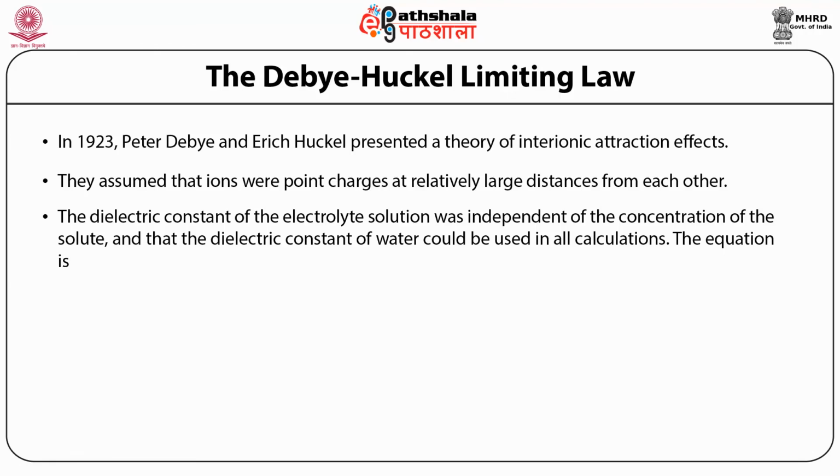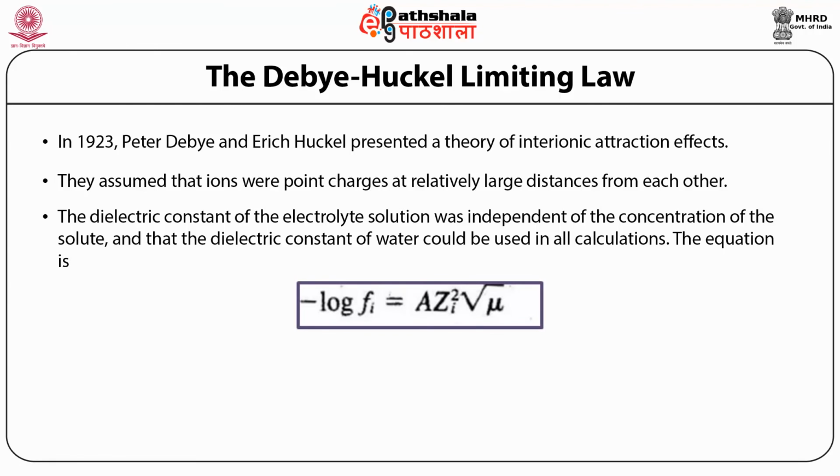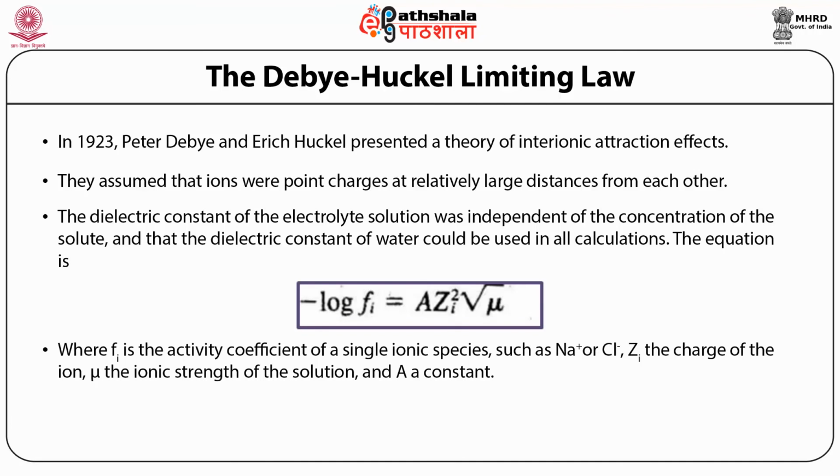The equation is minus log Fi is equal to A Zi squared under root mu, where Fi is the activity coefficient of a single ionic species such as sodium ion or chloride ion, Z is the charge of the ion, mu is the ionic strength of the solution, and A is a constant.